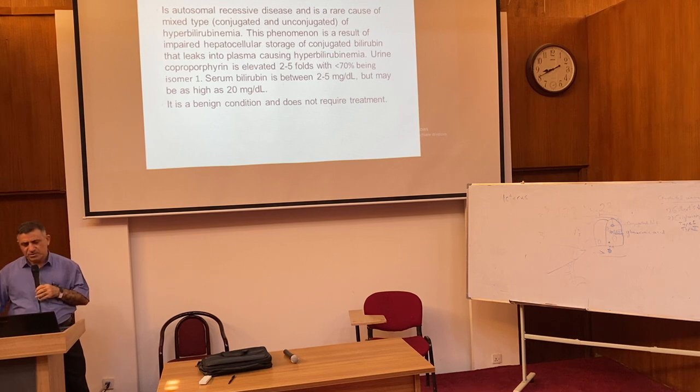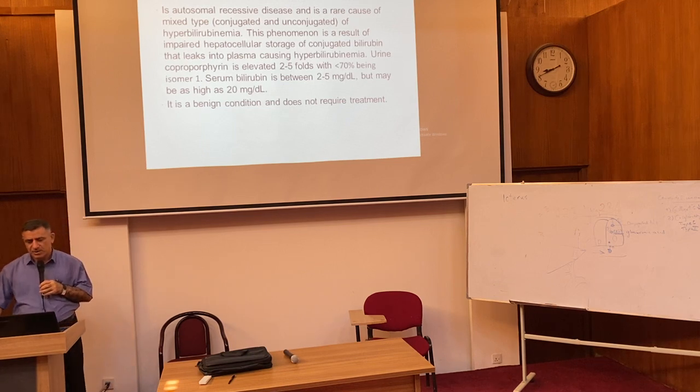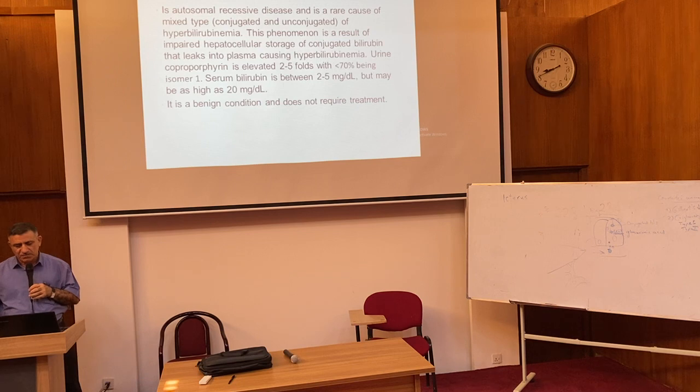Rotor syndrome is an autosomal recessive disease and is a rare cause of mixed type, conjugated and unconjugated hyperbilirubinemia. This phenomenon is a result of impaired hepatocellular storage of conjugated bilirubin that leaks into plasma, causing hyperbilirubinemia.